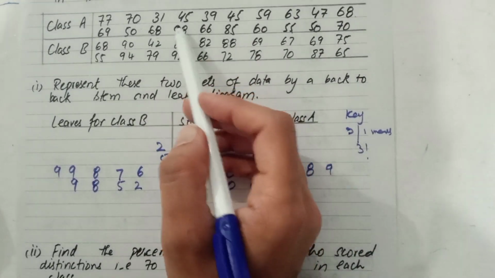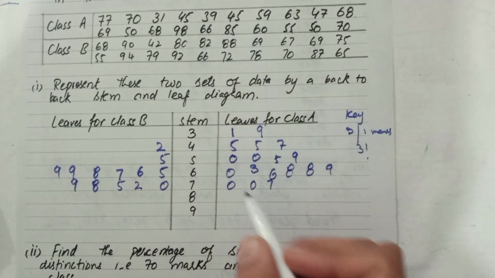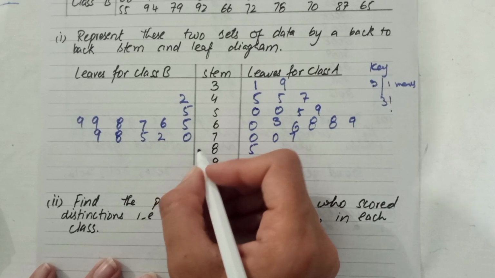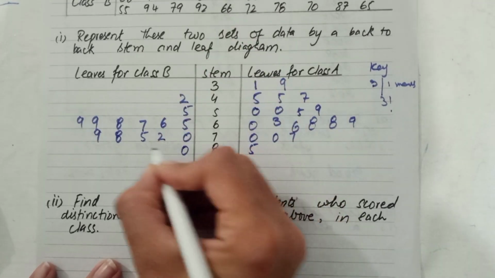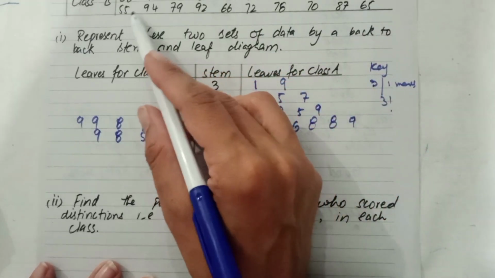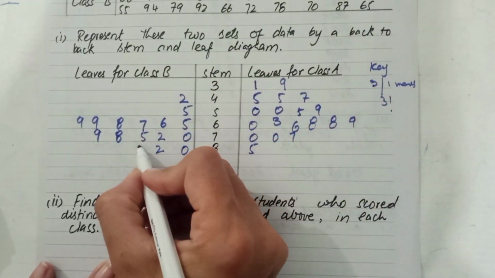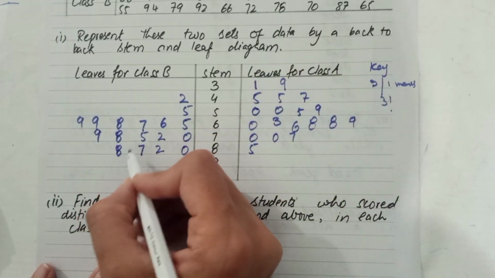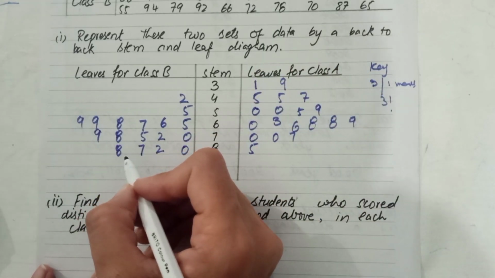For stem 8, class A is only 1 7, 85, and for class B 80, 82, 87 and 88. Yes.